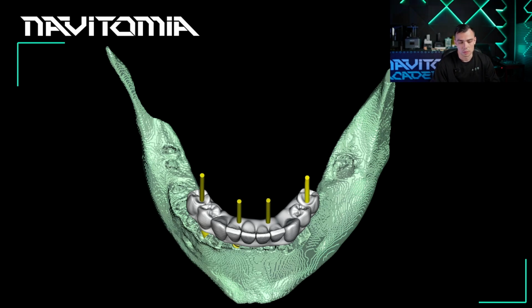So when you have such cases, and we discussed it a bit earlier in the previous video when we were planning all-on-4, all-on-6 cases and so on, we are trying to make the axes of the implants as parallel as we can.